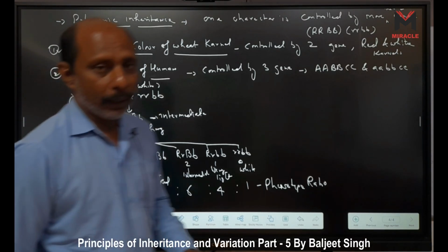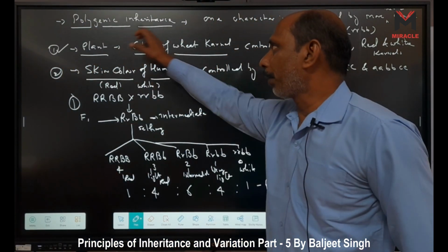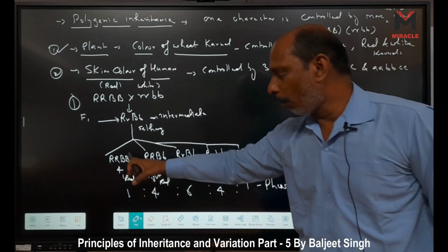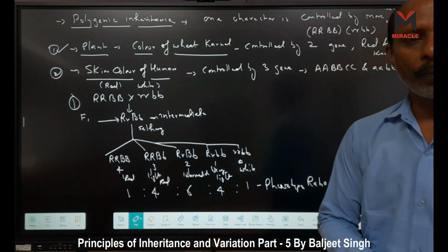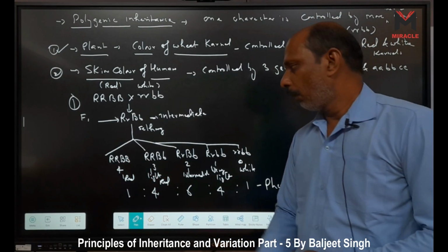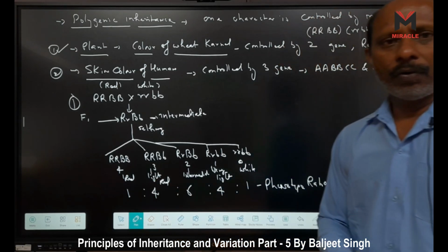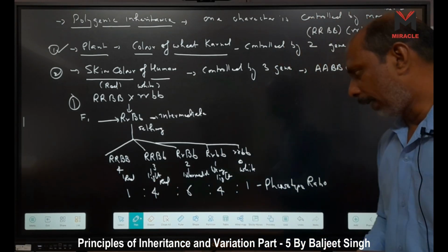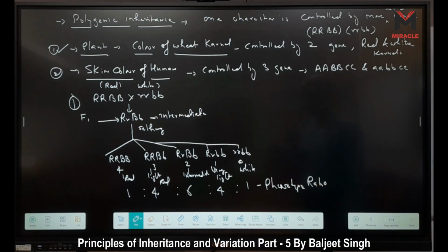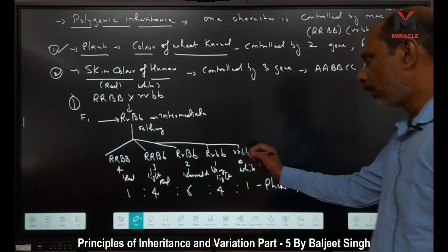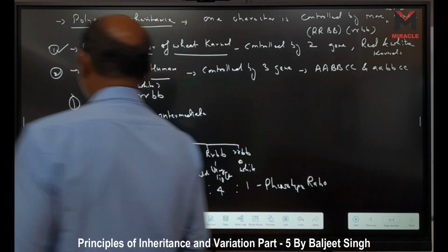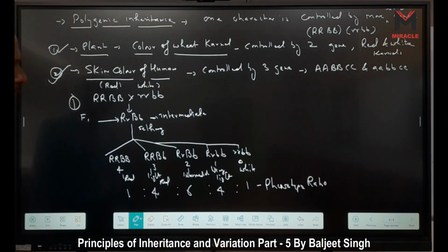One thing is there: in case of polygenic inheritance, the number of dominant genes is responsible for the expression of the specific trait. It is present in case of red and white wheat kernels. Okay, second is skin color of human, because skin color of human is present in our NCERT.